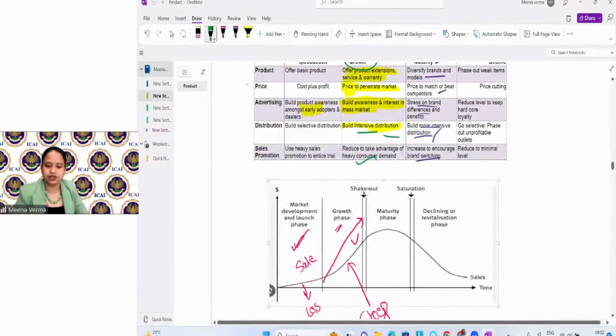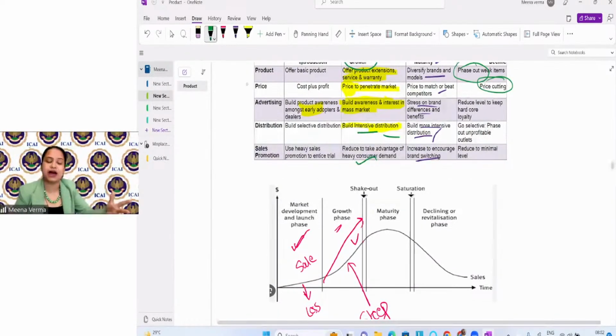They will start price cutting of the product. Phase out means they will start leaving the brand, leaving the production, closing down the factory, closing down the product segment. In this way, they will keep providing the product only to very loyal customers who still want the product, even though it has reached the death stage.